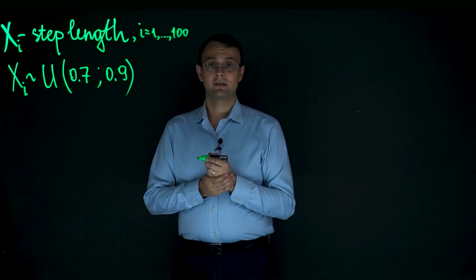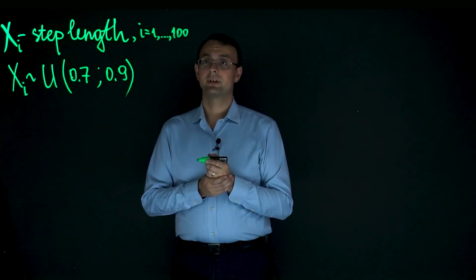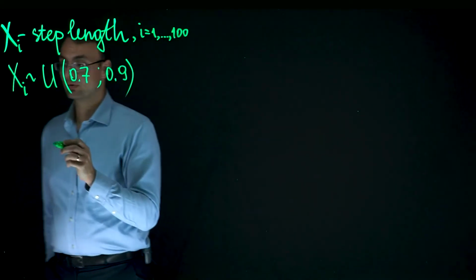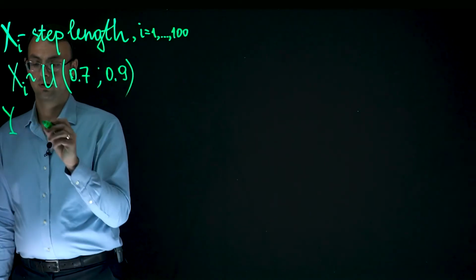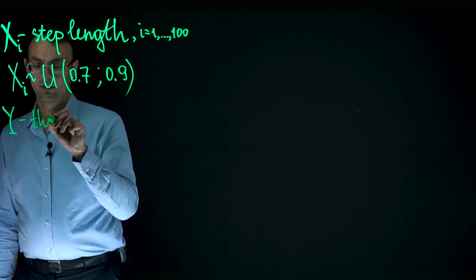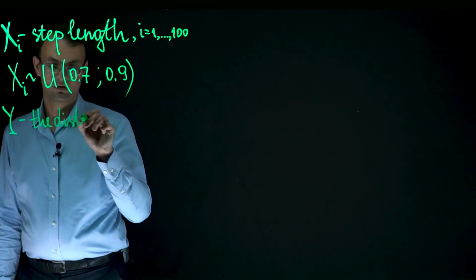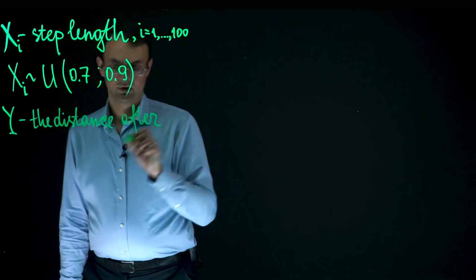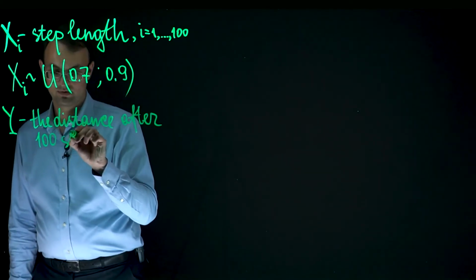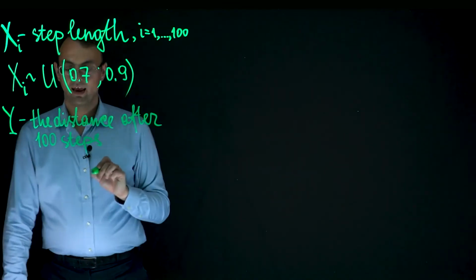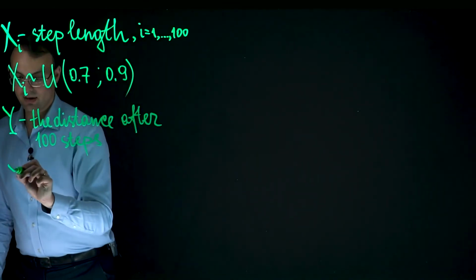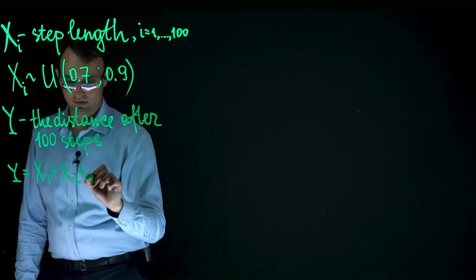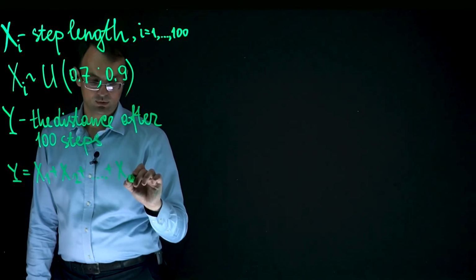And the distance he will walk after 100 steps is the sum of these x's. So y is the distance after 100 steps, and this y is the sum of x's. y is x1 plus x2 plus ... plus x100.